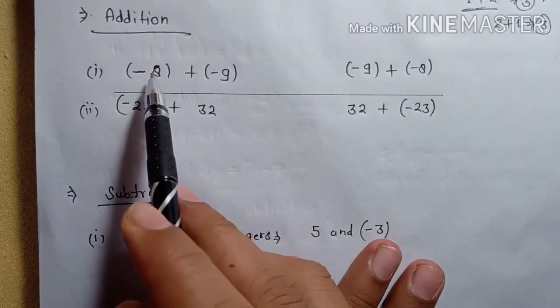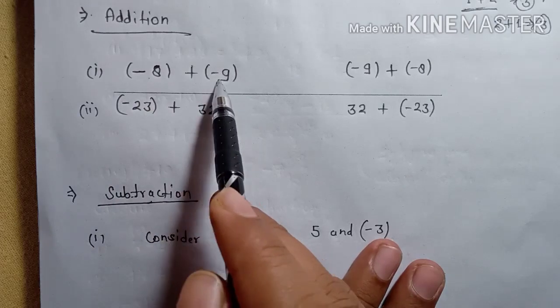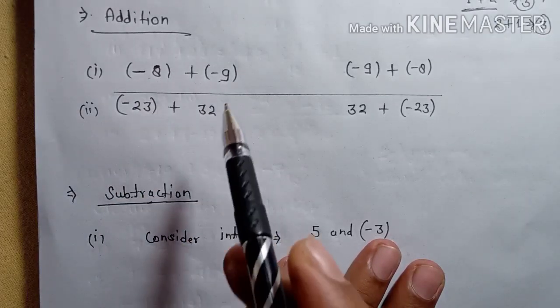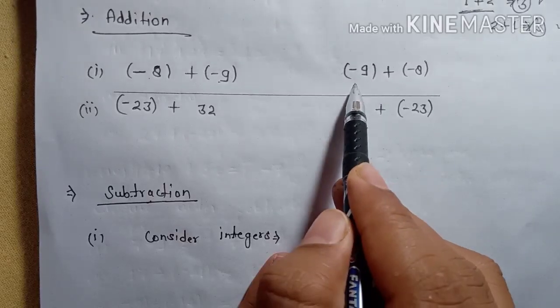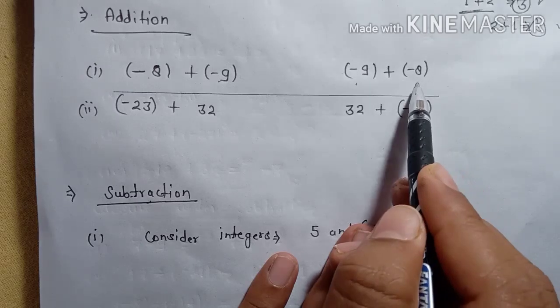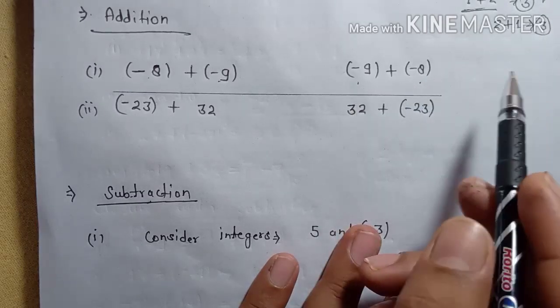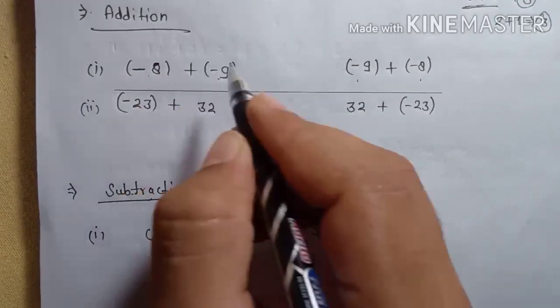We can see this is -8 and this is -9. First we add -9 in -8, and again we have just changed the order, so it is -9 first, then we add -8 in -9, and see the result. Add -8 and -9.